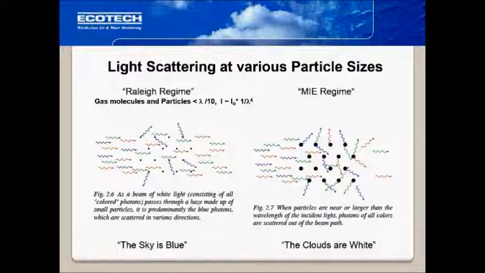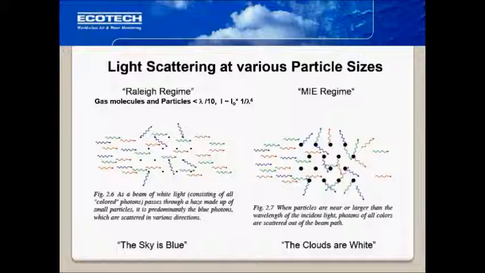When particles get bigger, you have another mode of scattering which can be described with the Mie theory, and the scattering there is such that most of the light will be scattered in all directions. Therefore bigger particles scatter the light such that it appears to be at the same wavelength.